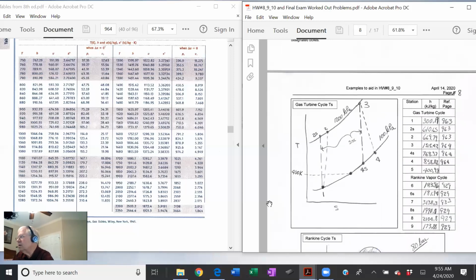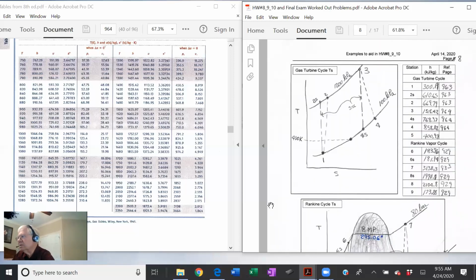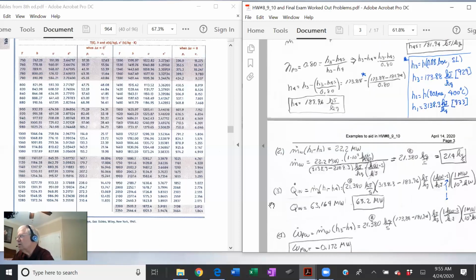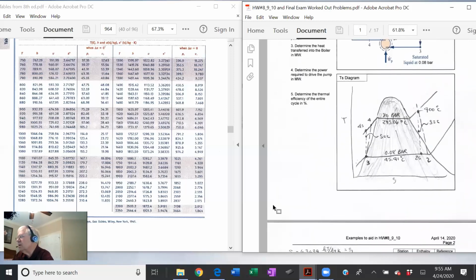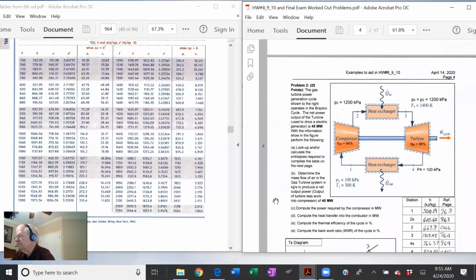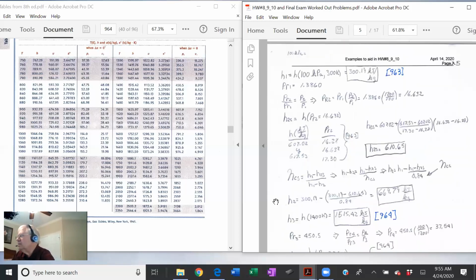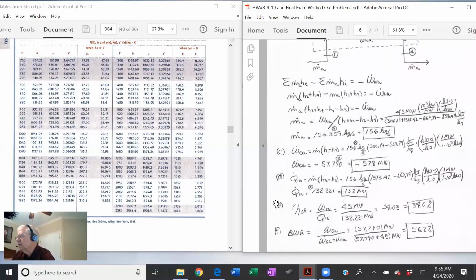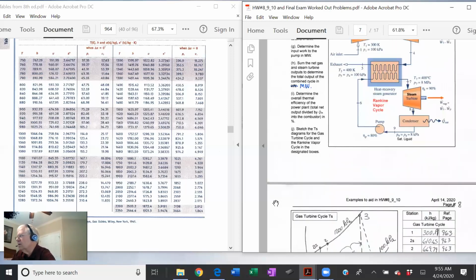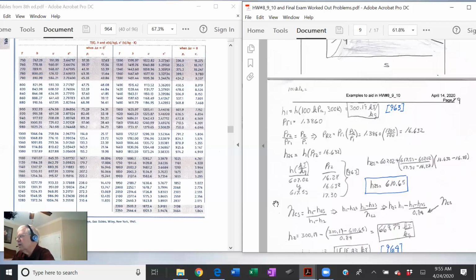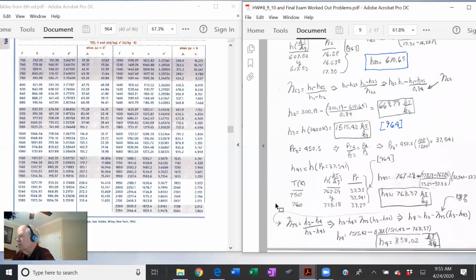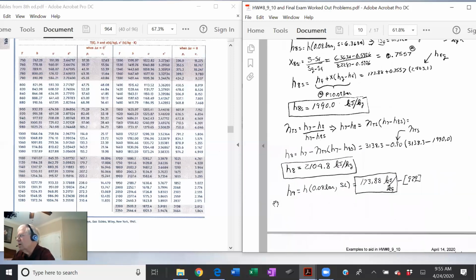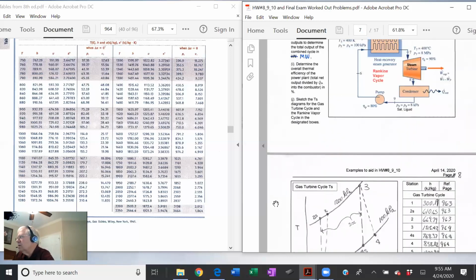I'm not sure why the difference. It's the same properties, yeah. So I got 156. Then when I did the combined cycle for mass flow, I'm getting off here. Mass flow.